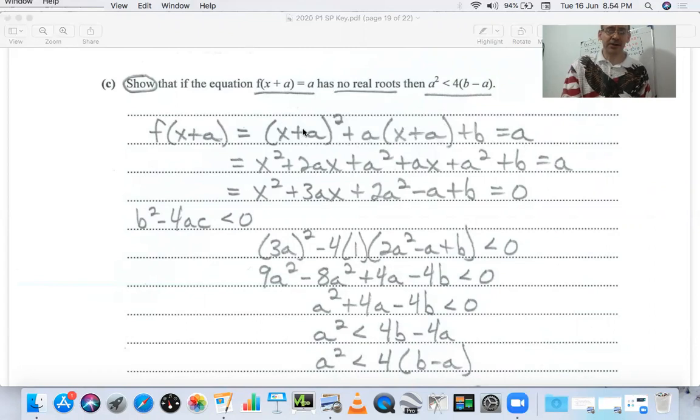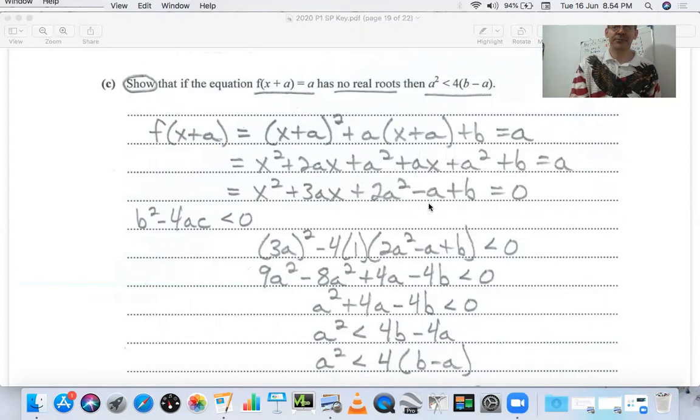So we expand out this binomial squared here, and we get x squared plus 2ax plus a squared. Distribute this a, we get ax plus a squared. Here's our constant b equals a. So now we have x squared. Here's a 2ax, and ax make 3ax. Here's a squared plus a squared is 2a squared.